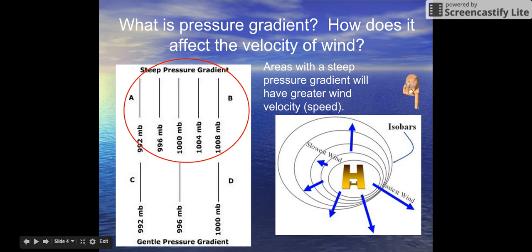The difference between these two numbers would be 16 millibars. The difference between point C and D would be 8. So the area between A and B would have a greater wind velocity. So you would see windier conditions between A and B.